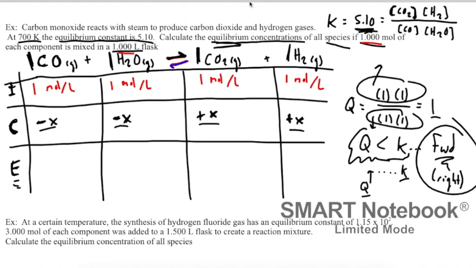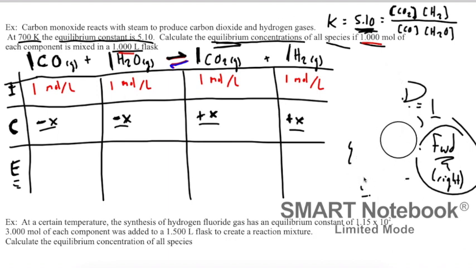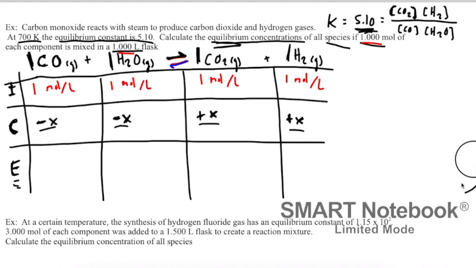Okay? All right. So then step 3 is to put all of this together to create a statement showing what you have left over at equilibrium. At equilibrium, I'm going to have my initial plus my change, 1 minus X. I started with 1. In order to reach equilibrium, the system has to shift to the right. It has to progress to the right.